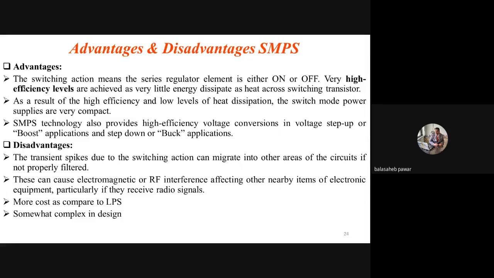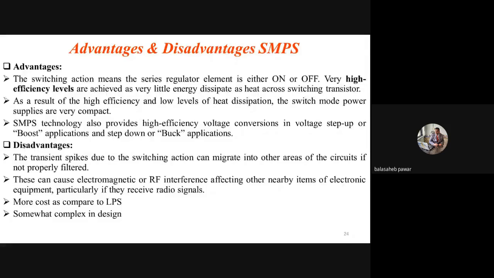But in the case of SMPS, if we consider that switch as a MOSFET, whenever the MOSFET gets switched to its ohmic region, being a closed switch, the resistance offered by that MOSFET is very, very small, almost 0 ohm. For example, if you download the datasheet of a MOSFET, you can note down the IRF540N. This is the number of that MOSFET, IRF540N. Its RDS on, given by the manufacturer, is only 0.04 ohm.